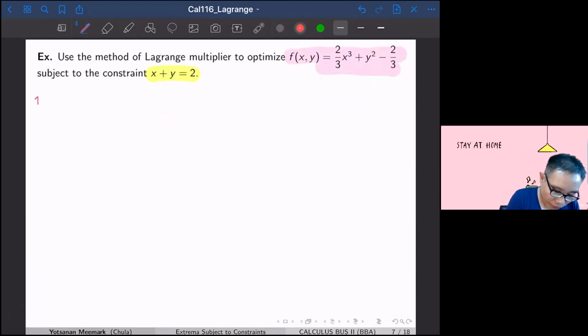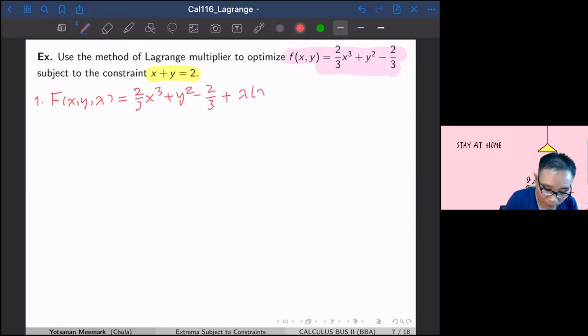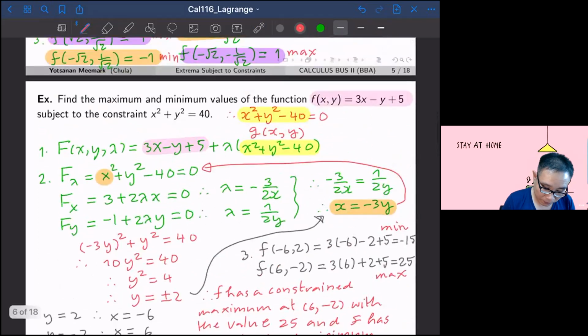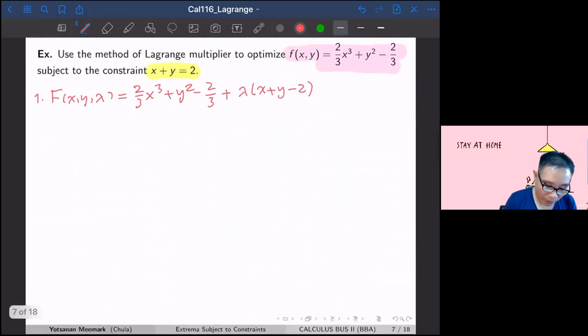So you form f(x, y, lambda) equal to 2/3 x cubed plus y squared minus 2/3 plus you have lambda times (x plus y minus 2). Okay. So this one will be the yellow guy. This one will be the pink guy. Okay.